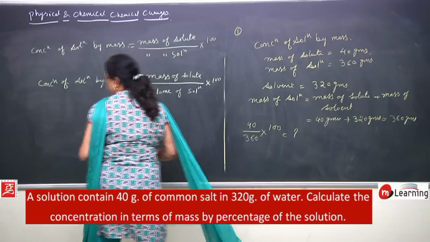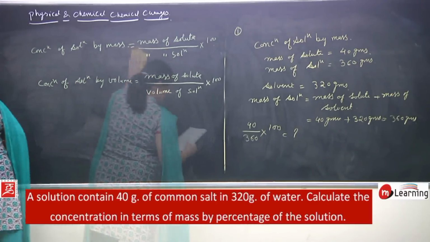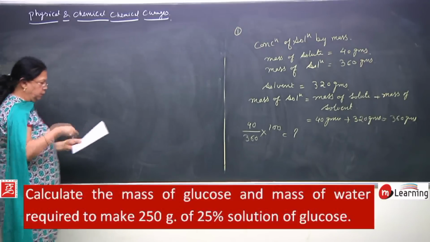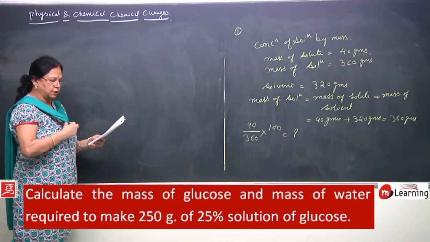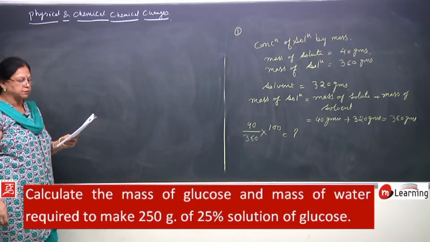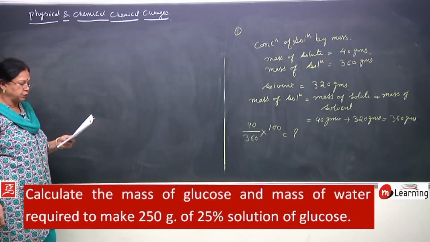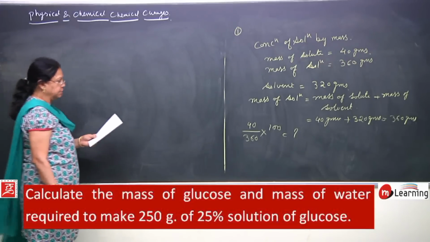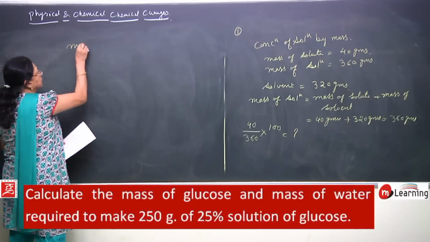Next problem, second problem in your study material. See children, calculate the mass of glucose and the mass of water required to make 250 grams of 25% solution of glucose. You have to calculate the mass of glucose.